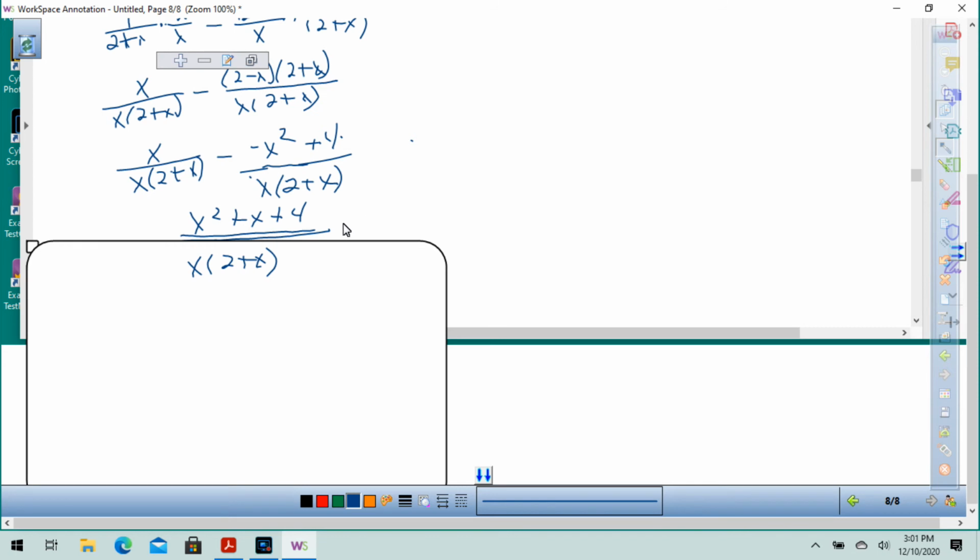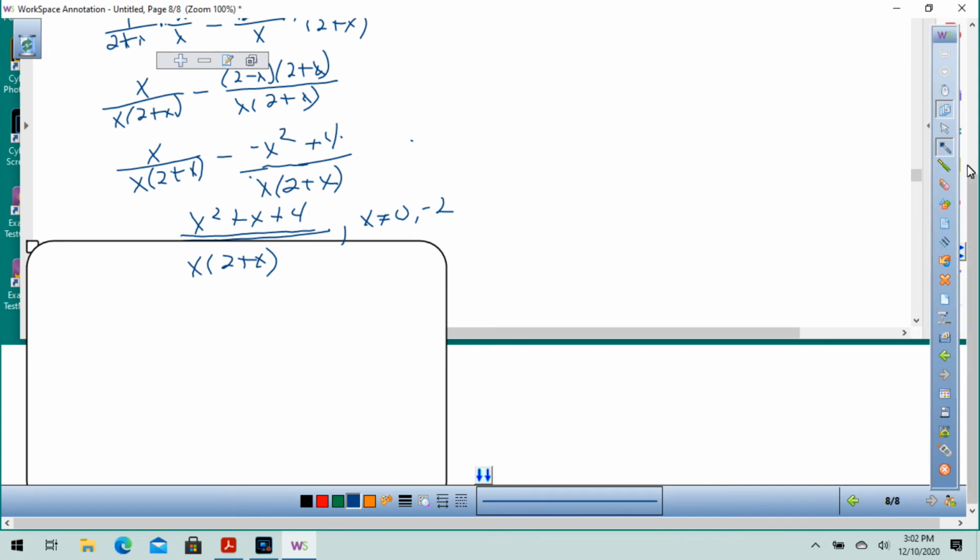So there's my answer. Oh, I almost forgot. X cannot equal 0, and it cannot equal negative 2. Remember, that was from up here. That's from my denominator. Either one will turn it to 0.